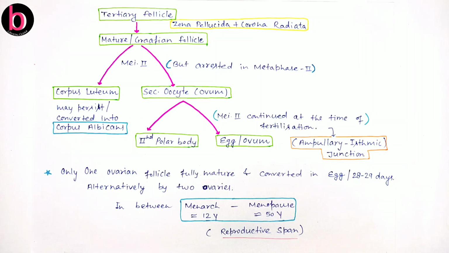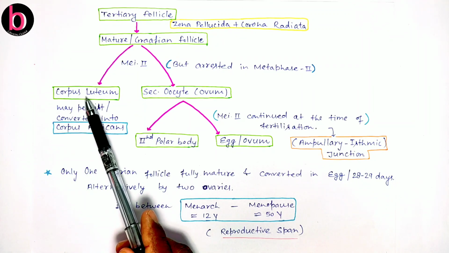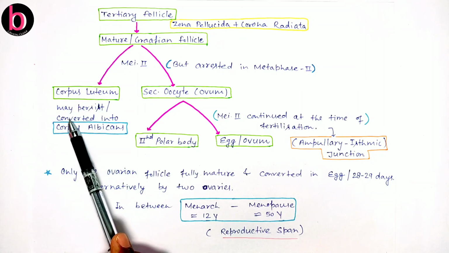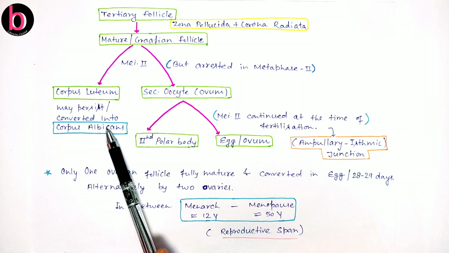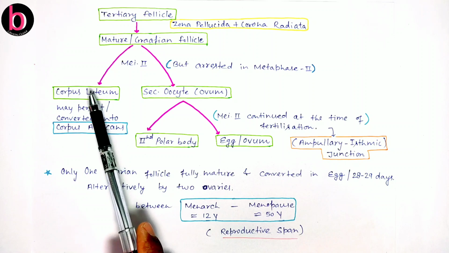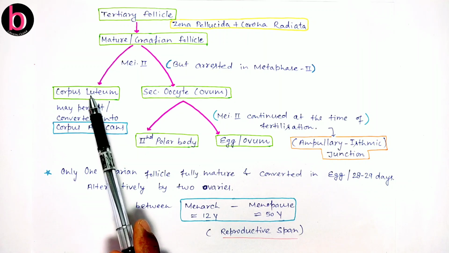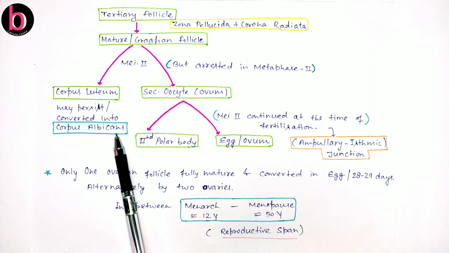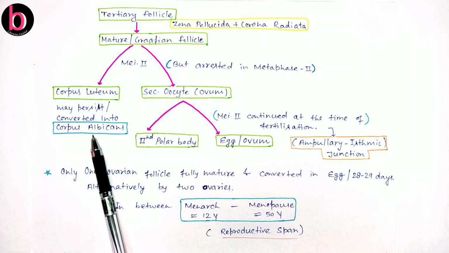This hormone is also known as the pregnancy hormone, related with maintenance of pregnancy. So if fertilization does not occur, this corpus luteum degenerates and is converted into corpus albicans. We already discussed that the corpus luteum is yellow in color, so known as the yellow body, while corpus albicans is white in color, so known as the white body.